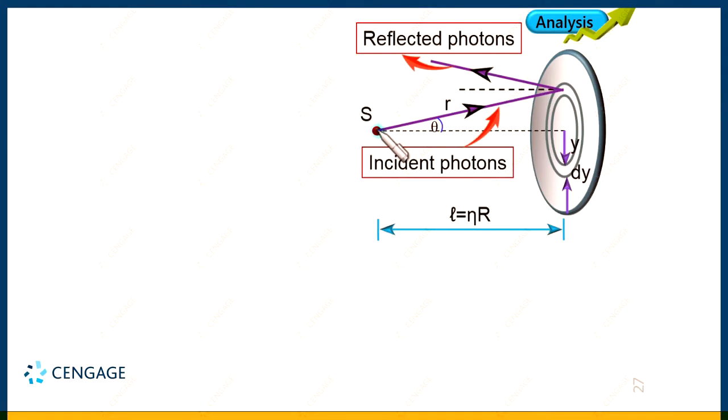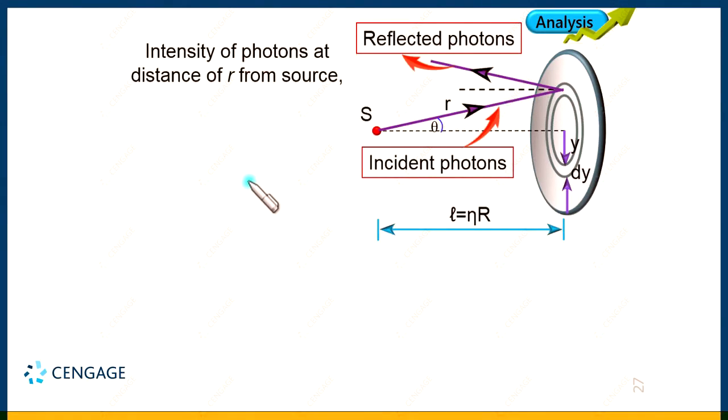Here you can observe, if we take a sphere of radius r, we can say the intensity of the radiation will be constant over the sphere. That means power divided by 4 pi r squared will give the intensity of the radiation at the ring position or ring surface, right? So this is the intensity of the radiation over the ring surface, right?